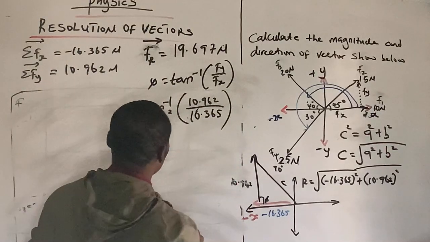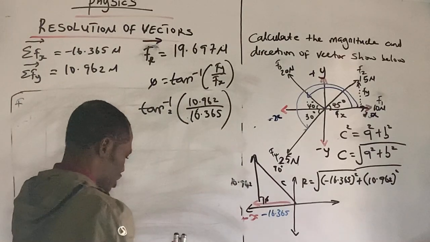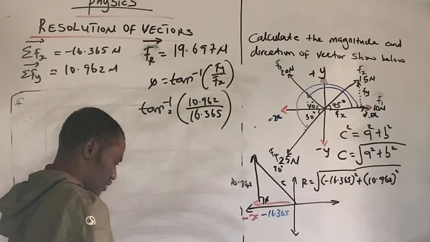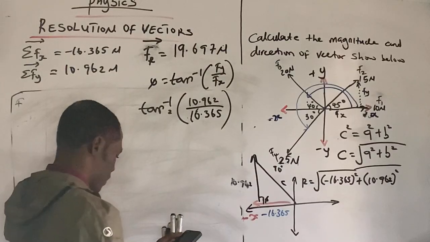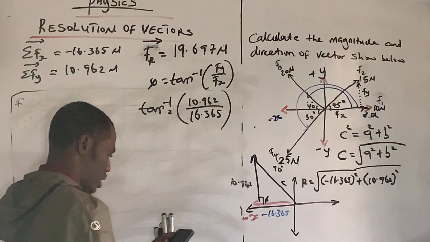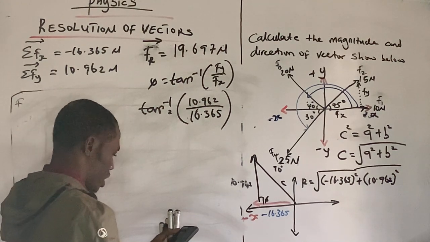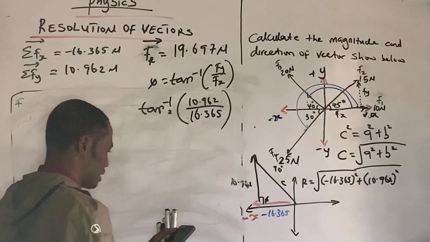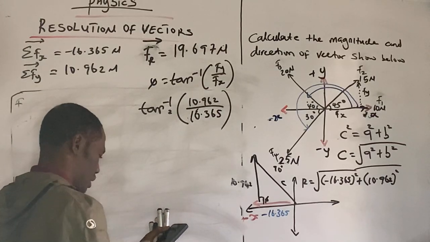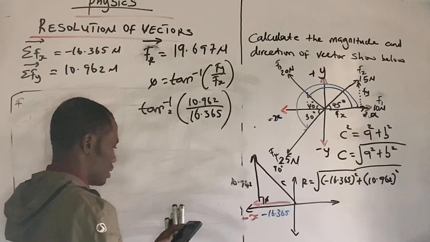Now close the bracket. All right, let's do that now. So I shift tan, 10.962 divided by 16.365.